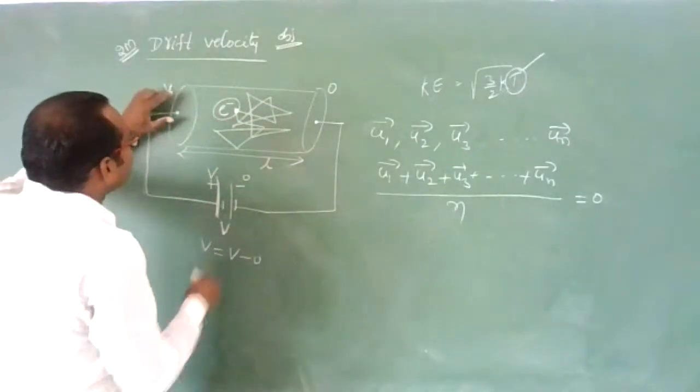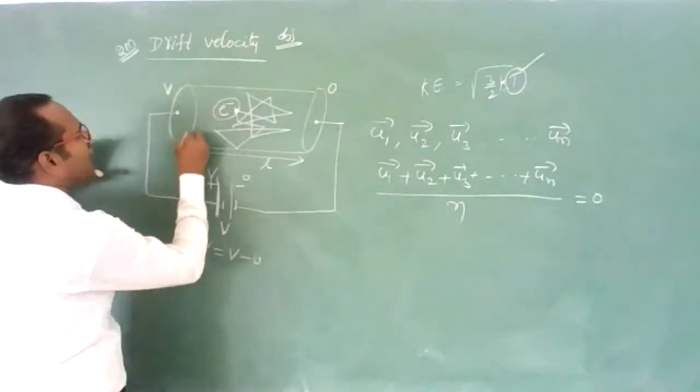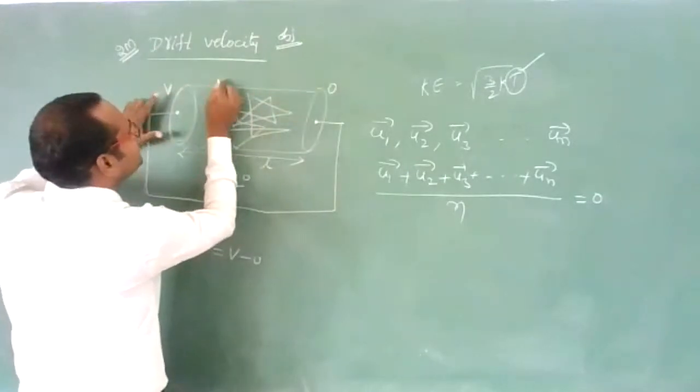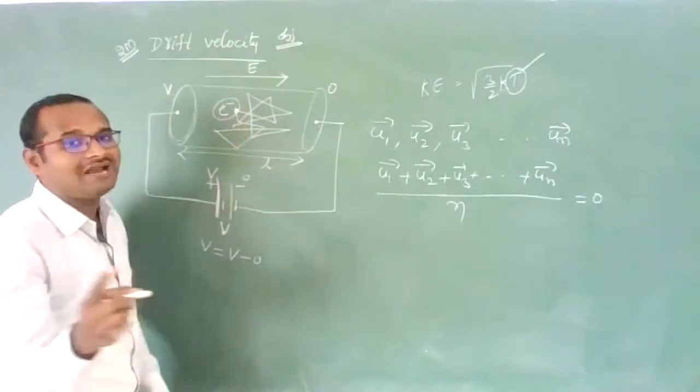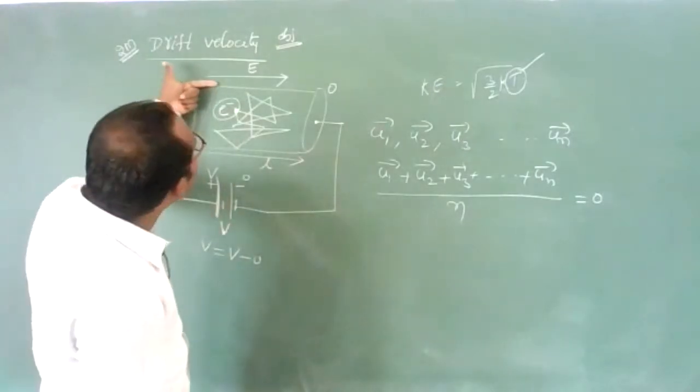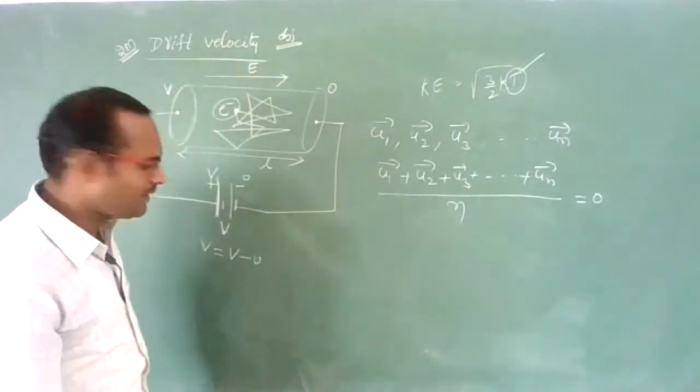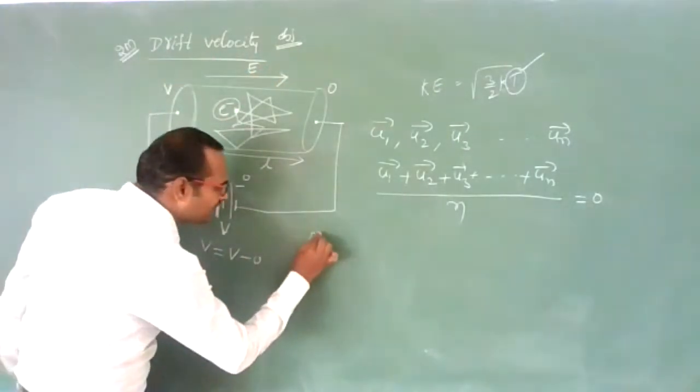Now in this wire, due to this potential difference, one electric field will generate, and that electric field is always in the direction of decrease of potential. How much electric field will generate?